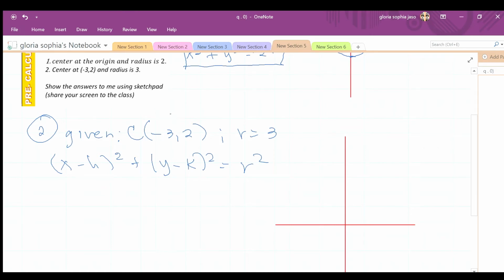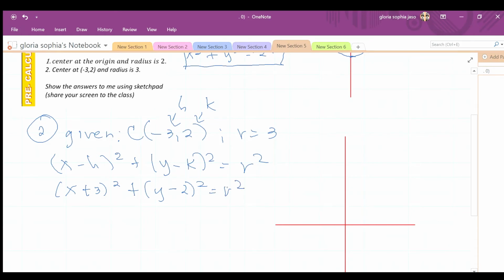So, substituting, negative 3 is our h, and k is 2. So, x minus negative 3, so I can write this positive, plus y minus k, so that's 2, equals r squared.